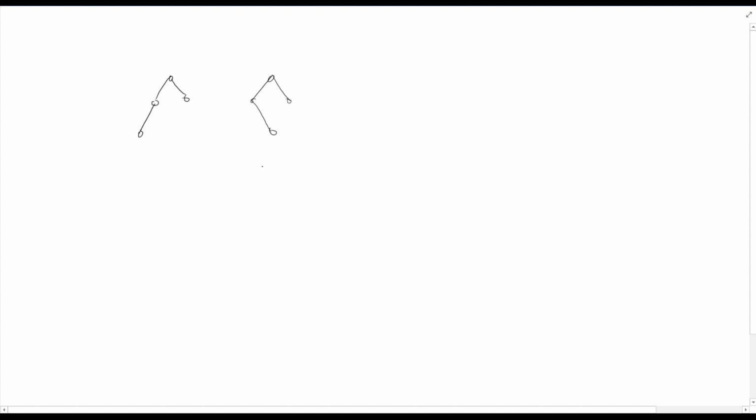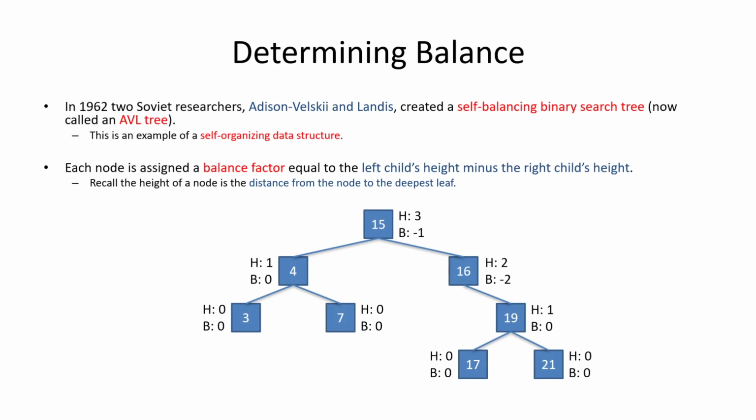So we want to consider different definitions of balance, and Adelson-Velsky and Landis came up with one definition where they said, we're going to rely on a height calculation. We look at the height of the left child, calculate the height of the right child, and calculate the difference. We're going to call this the balance factor. We're effectively just taking the difference to see which side is heavier.